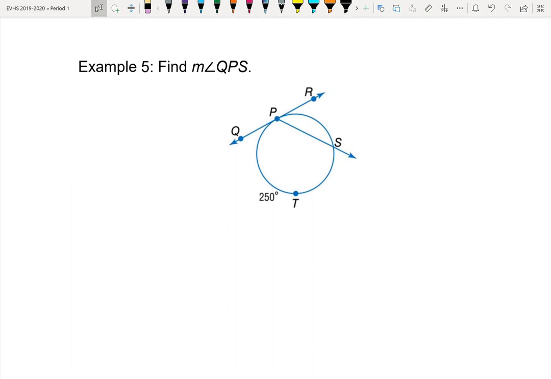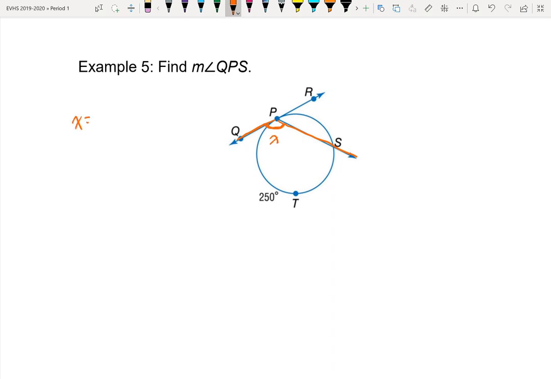Now, measure of angle QPS means that I want QPS, this angle. Looks like it's formed by a secant line PS and a tangent line QP. And then we've got our intercepted arc here. So I'm going to go ahead and call that an x so that I have a variable there.